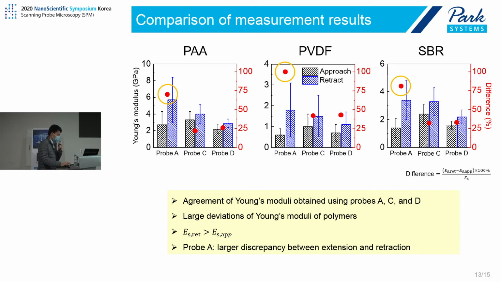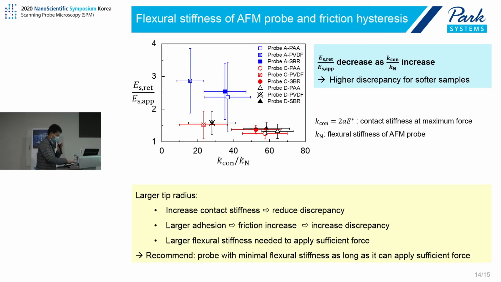And also, because of the effect of friction, the Young's modulus determined from the retract curve is always larger than the approach curve. In particular, for probe A, we can see the largest difference between the approach and retract data, suggesting that the effect of friction is more significant for probe A.